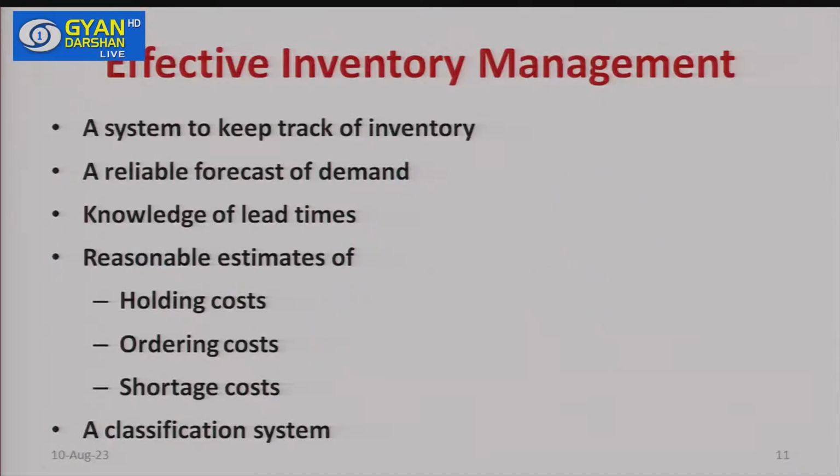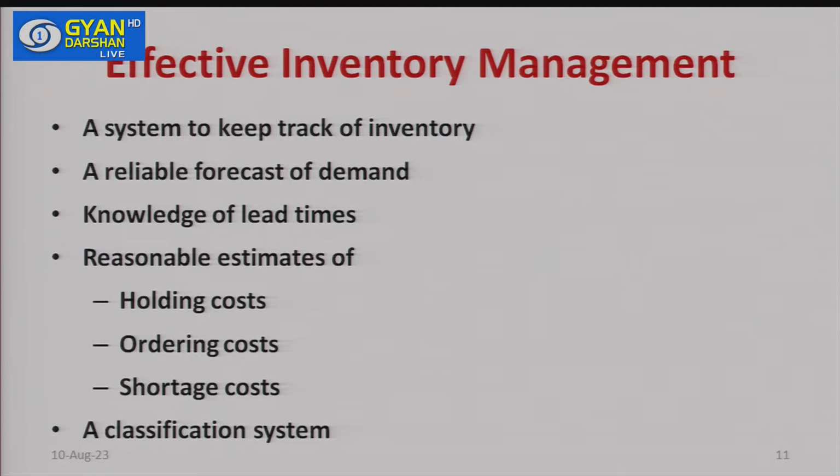Now when will you say that your inventory is best managed? There are some indicators. For example, if you have planned effective inventory management or inventory planning, then you have a track of inventory. You have a reliable forecasting of the demand. You have knowledge of lead time.